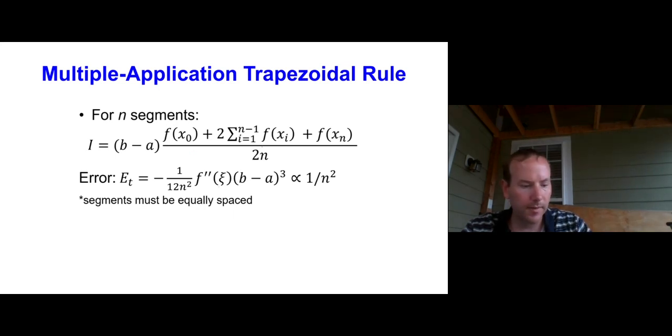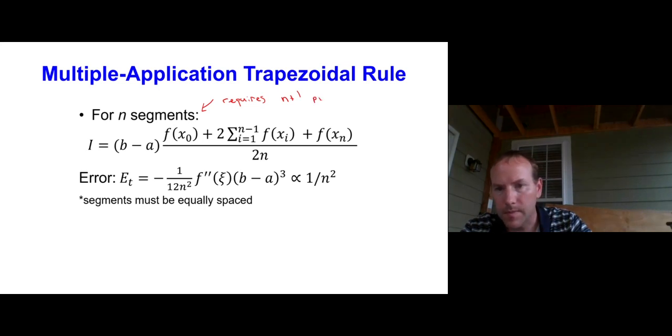And for n segments, we're going to require n plus 1 points, and you can see that from the equation, because it's going from x0 to f of xn. Okay, so you need a total of n plus 1.